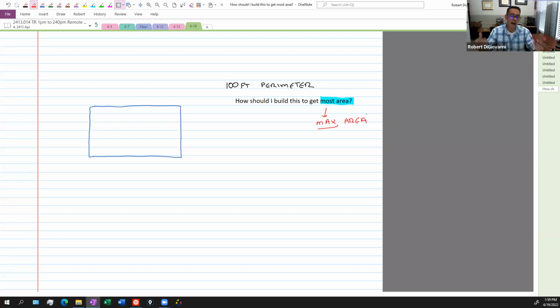So we need to somehow express the area as a function of a single variable. So my objective is to find the maximum area. All right, well, let's write down what we know about areas of rectangles. The area of a rectangle is length times width.